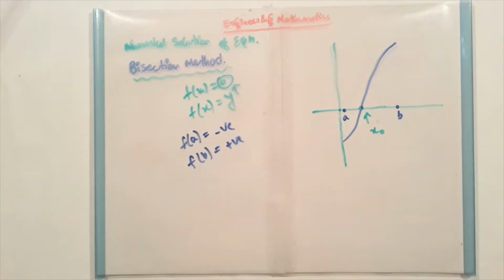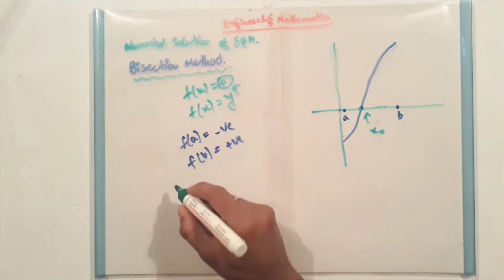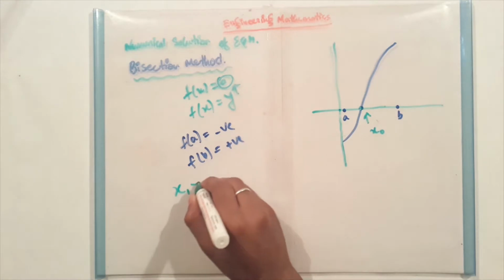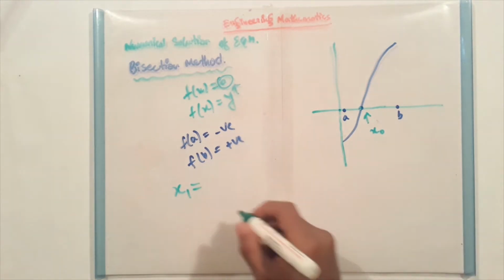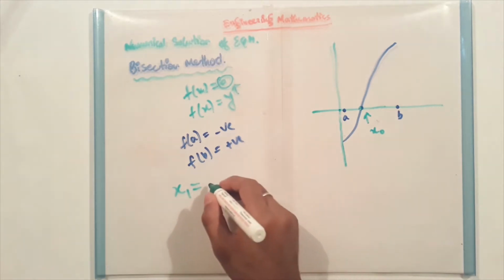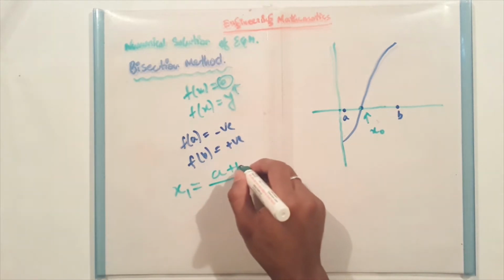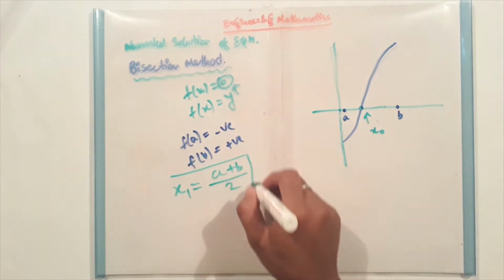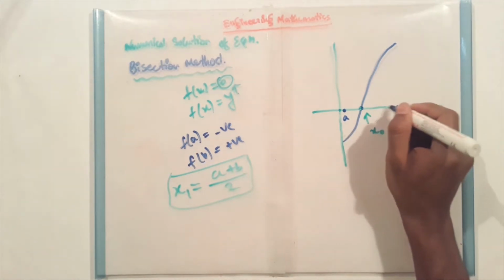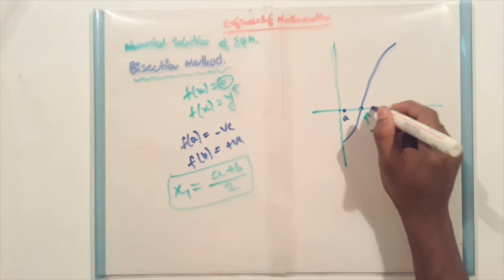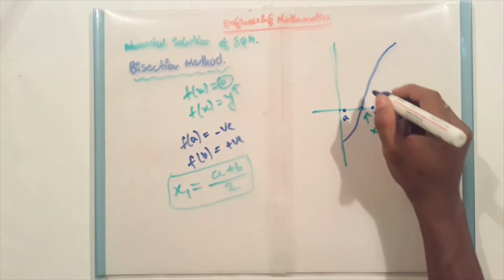Now to take the first approximation, let x1 be the first approximation of the root of the equation. What we do is take the average of these two points. Let's visualize it properly in the graph. If this is a and this is b, this will be the first approximation x1.